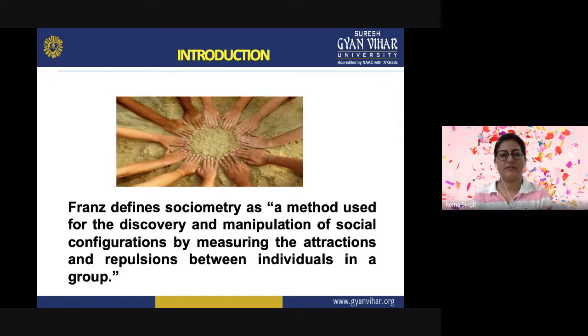France defines sociometry as a method used for the discovery and manipulation of social configurations by measuring the attractions and repulsions between individuals in a group. What are the things which an individual prefers in a group? What kind of qualities do they prefer in other people in a group?